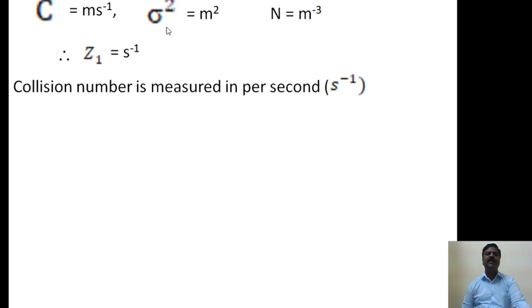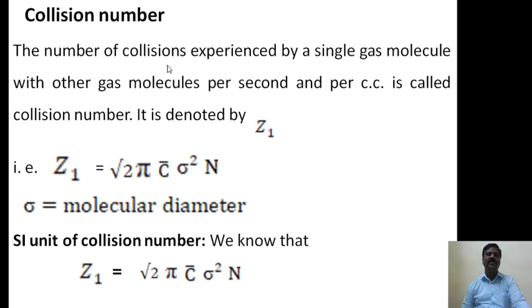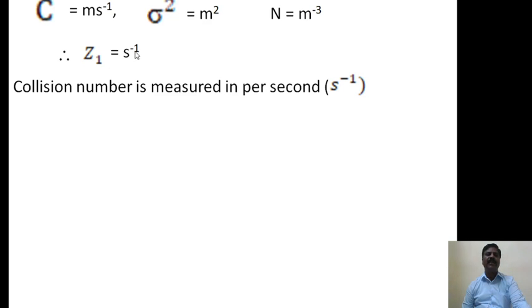Sigma is the molecular diameter, actually the collision diameter, so sigma square is meter square, and n is expressed per meter cube. After putting these values in this equation, we get Z1 in per second. Therefore, the SI unit of collision number is per second.